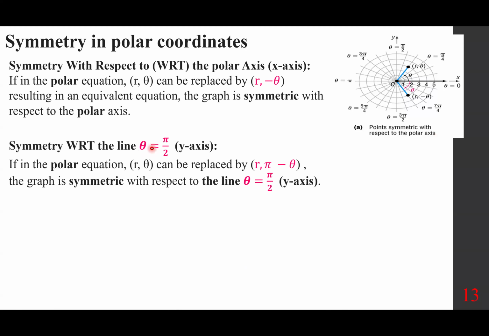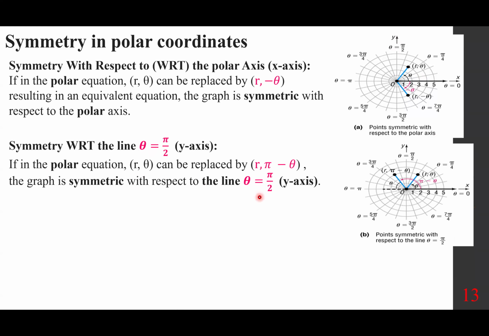Symmetric with respect to the line theta equals pi over 2. In essence, you can think of it as the y-axis on the positive side, of course. If in the polar equation r comma theta can be replaced by r comma pi minus theta, the graph is symmetric with respect to the line theta equals pi over 2, which is the y-axis.